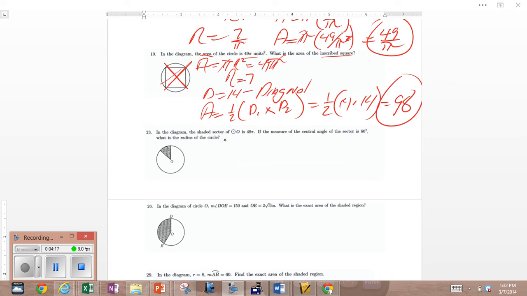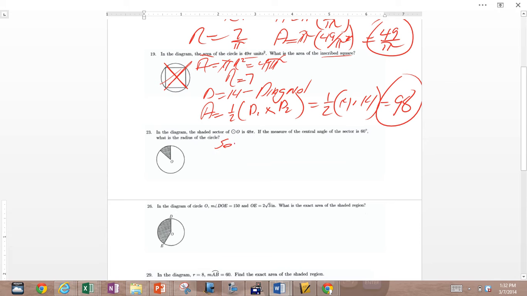Sector area is given by the formula: it's the fractional part of the circle, so it's some angle value x over 360 times the entire area, which is pi r squared. Make sure you use the right formula there, okay?